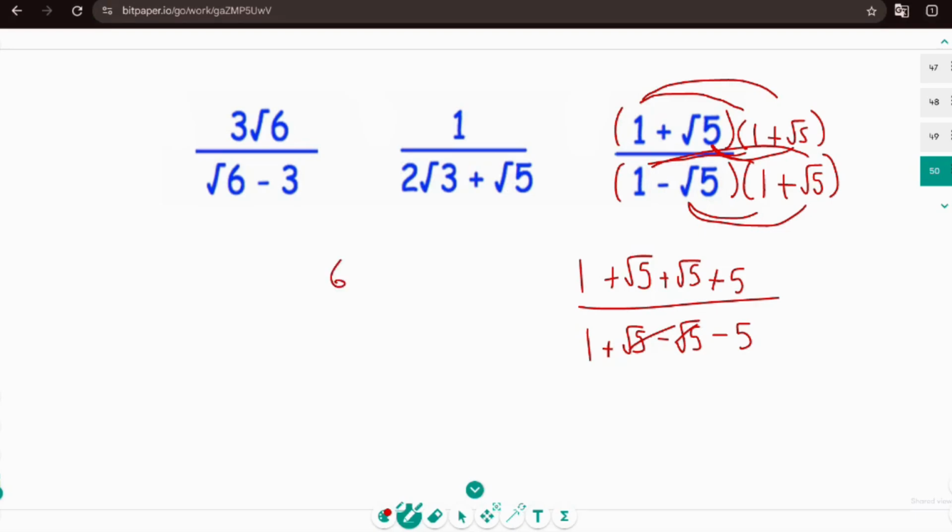So on the top we have 6 plus 2 root 5. And the denominator, 1 take away 5 is negative 4. Let's just simplify that by dividing everything by 2, and the reason I divided everything by 2 is all of these have a common factor of 2.